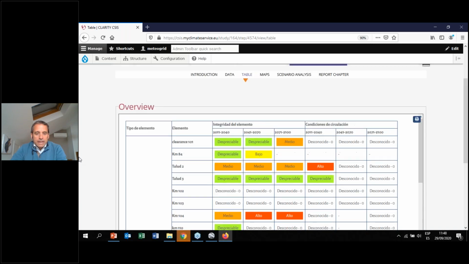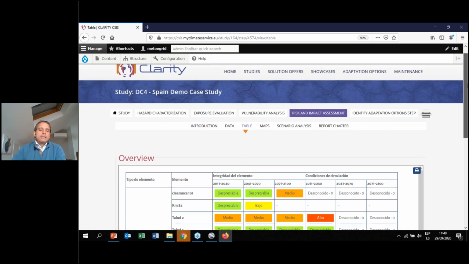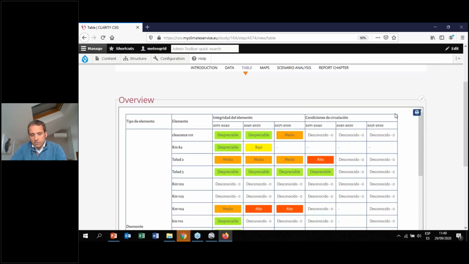And to finalize, the last step of the methodology and of the system is to identify and propose different adaptation options, to try to mitigate the possible risk identified according to the different climate indexes that have been studied for this type of infrastructure and for this specific track.